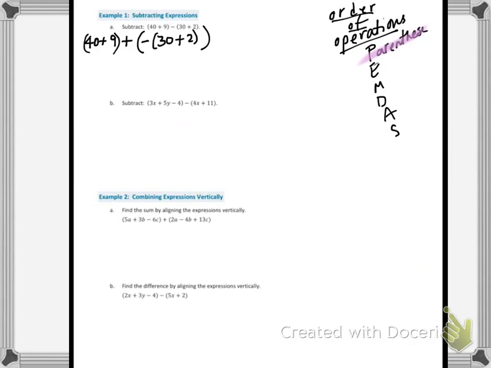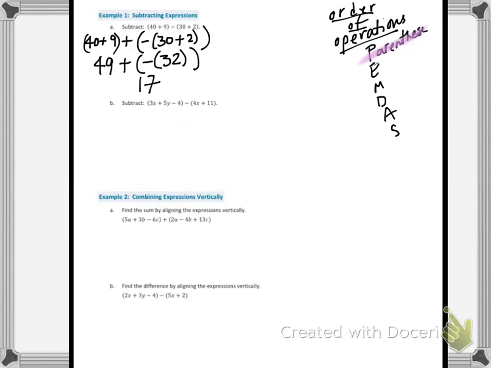And this 40 plus 9, of course, is 49. Then I'm going to add, and the opposite of 30 plus 2, which is still 32, but now it's the opposite of them. That's why I have my negative sign. So now I have a negative 32. So 49 plus a negative 32 is 17.